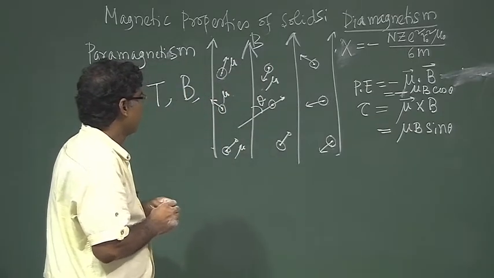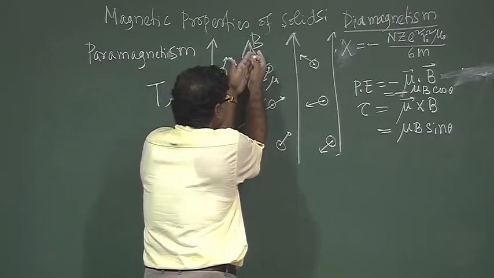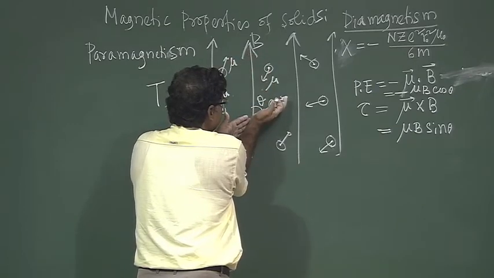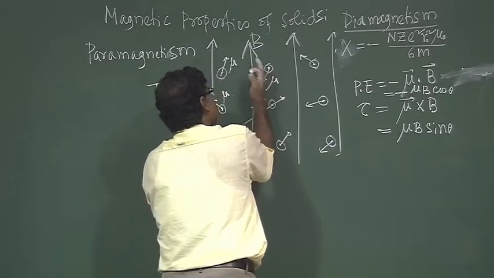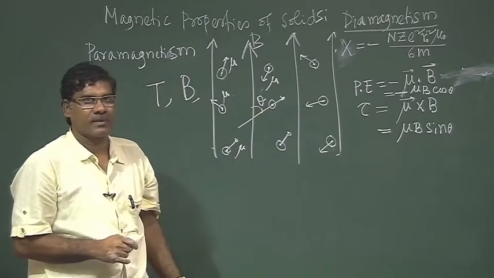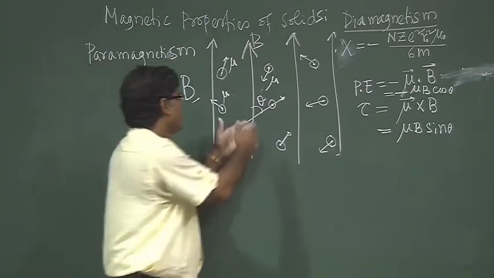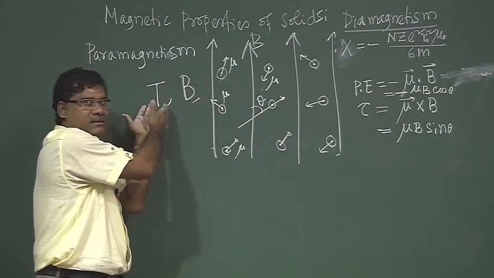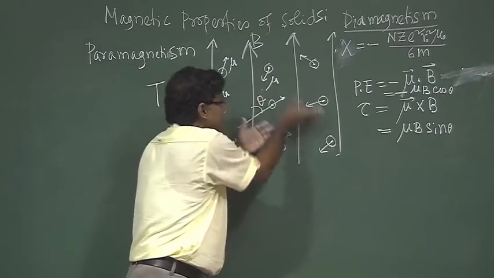Now, the magnetic field applies a torque on this dipole moment, and the dipole moments will try to orient along the magnetic field direction, right. On the other hand, the system has some temperature, and because of this temperature it will try to disorder it.